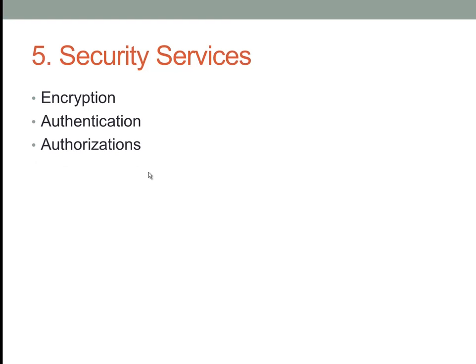Authentication feeds right into authorizations. With even something as simple as Access, I can have each user have a different login, and then I can restrict what each user has access to. I may have some users who have full open access to all tables, and they can edit, change, delete, do everything they want within that database.